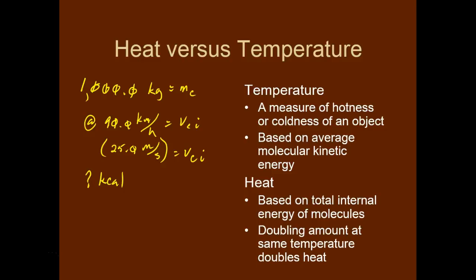Now, notice they said they're bringing this car to a stop. So what's the final velocity of that car? Yeah, 0, because you brought it to a stop. So then you've had a change of energy. What kind of energy is it when you have a velocity associated with it?